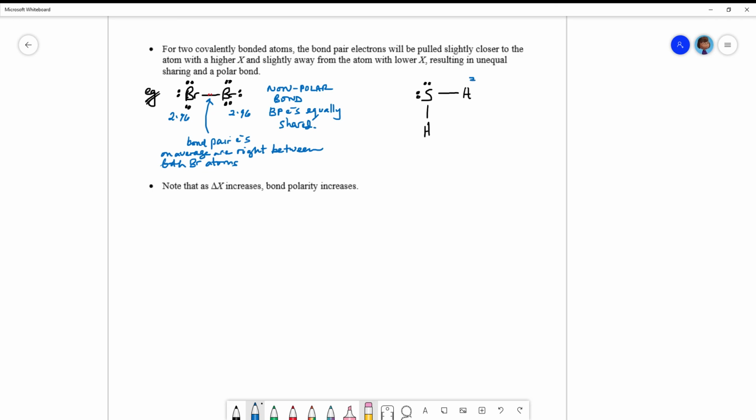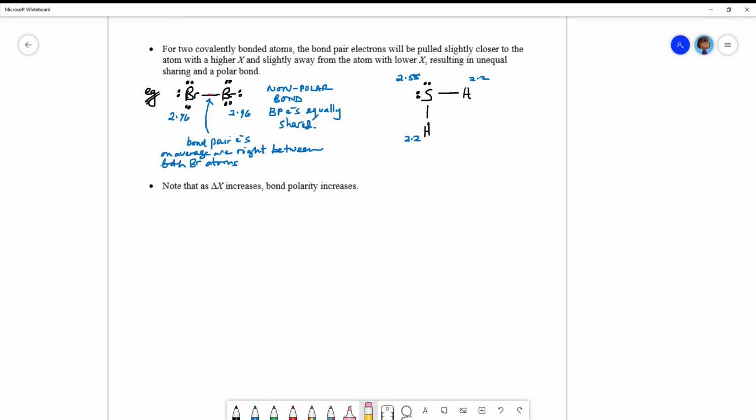Hydrogen has a value of 2.2, so 2.2 there, 2.2 here. Meanwhile, sulfur has a value of 2.58. So here, the sulfur atom clearly has a higher electronegativity than hydrogen.